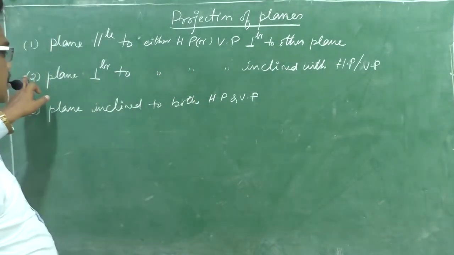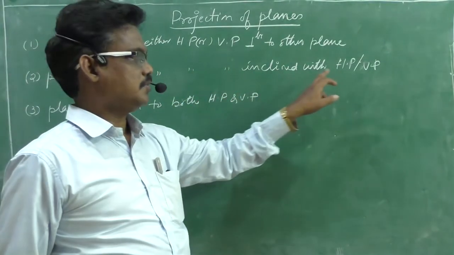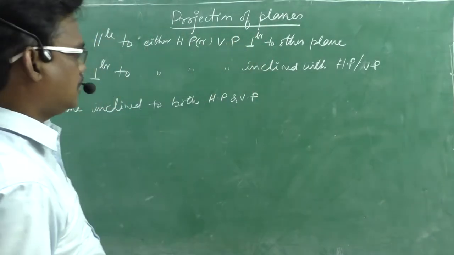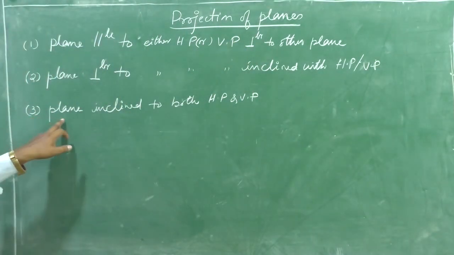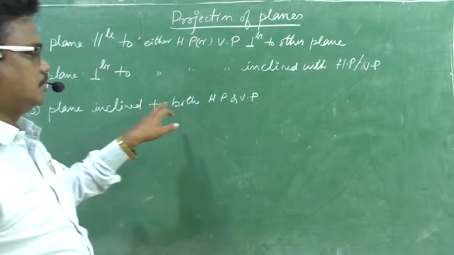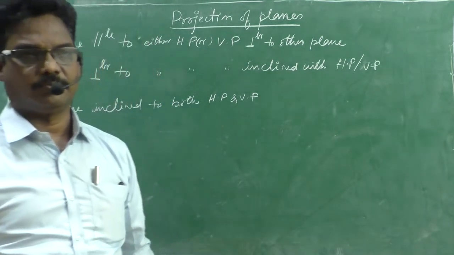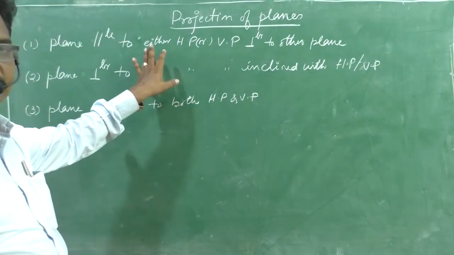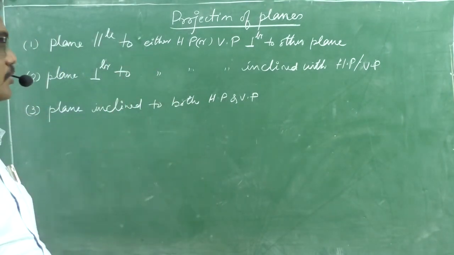The second one is plane inclined with either HP or VP and perpendicular to other plane. Next, third one, plane inclined to both HP and VP. Now, in these three cases, one by one, we will see.